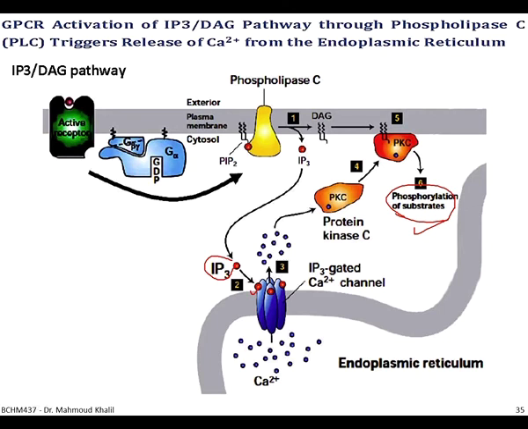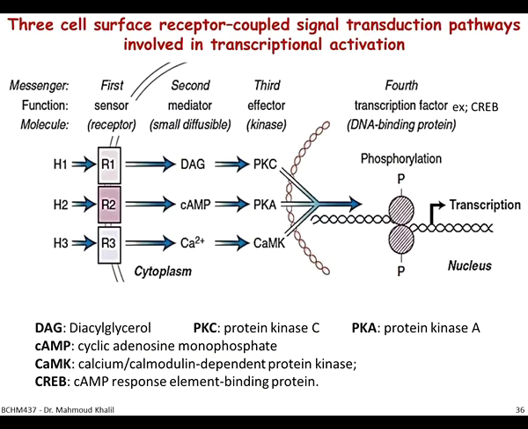So let's see the full picture and what is the difference between the first messenger, the second messenger, the third messenger, and the fourth level. Initially you have a hormone, which is either hormone 1, hormone 2, or hormone 3. This hormone will bind to the receptor, and each hormone will bind to its specific receptor.